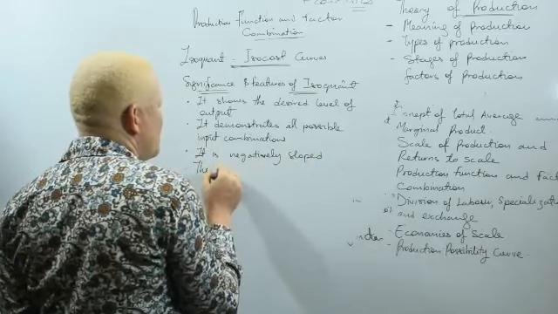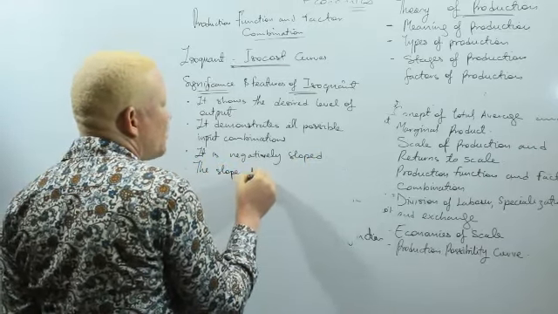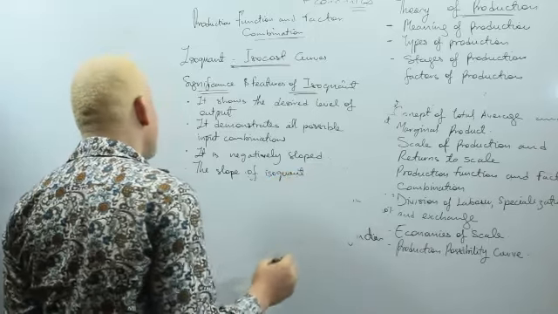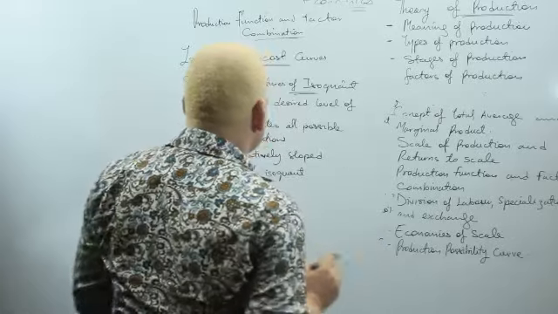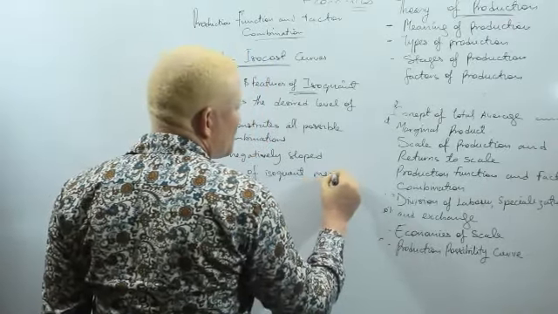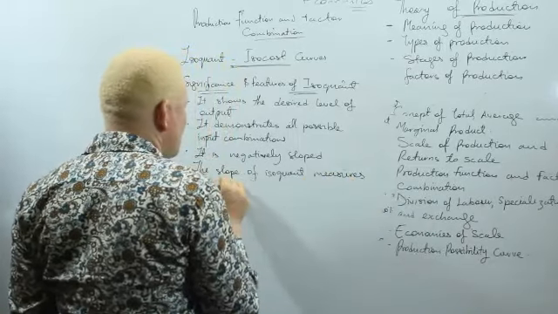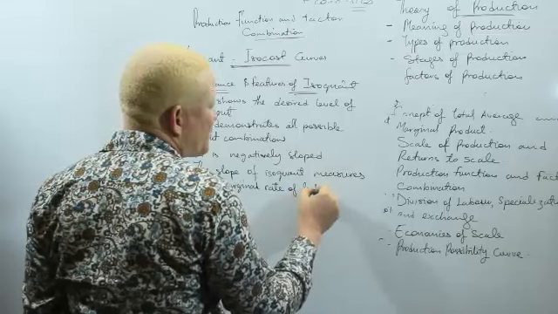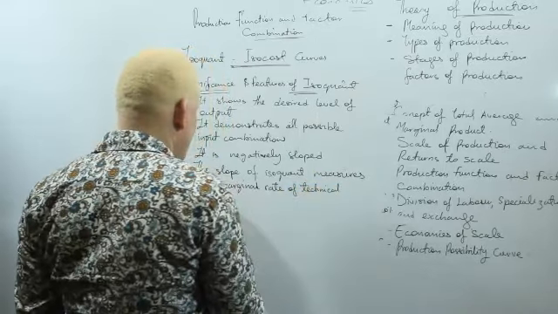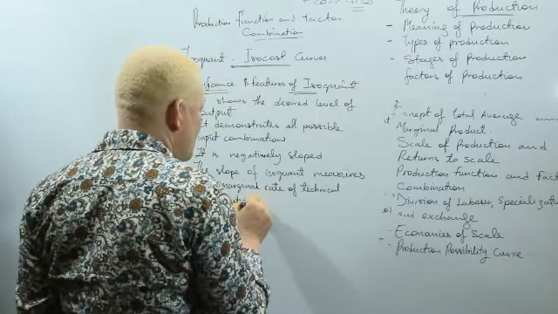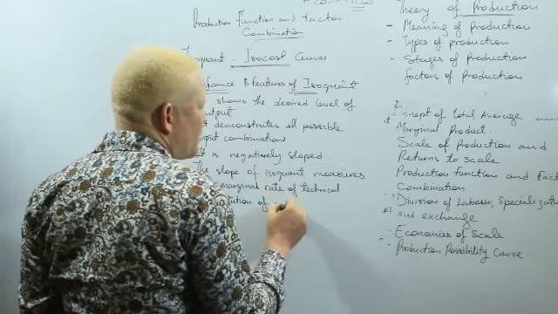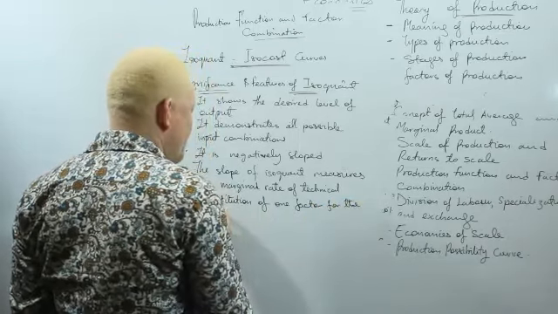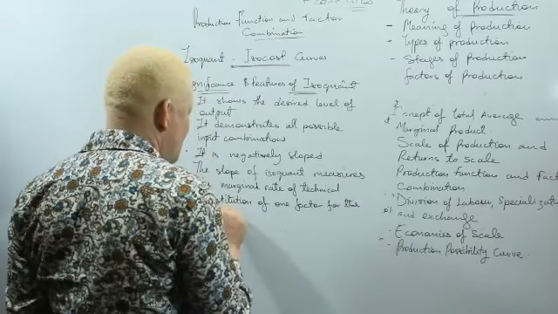Four, the slope of the Isoquant measures the marginal rate of technical substitution of one factor for a unit of the other.